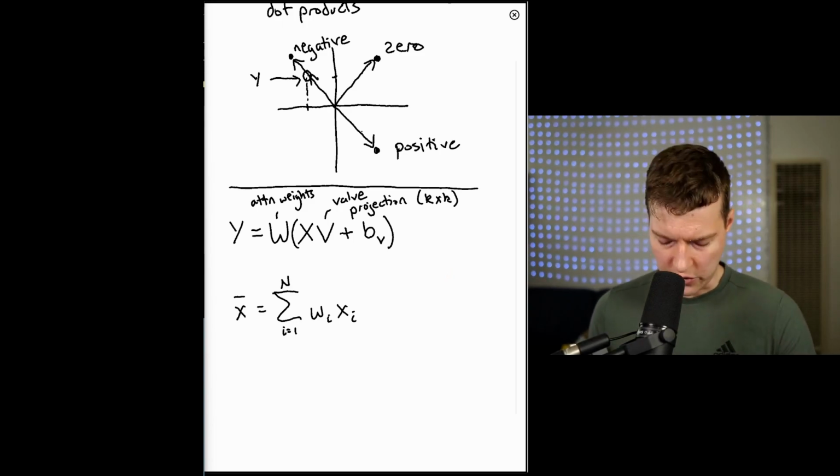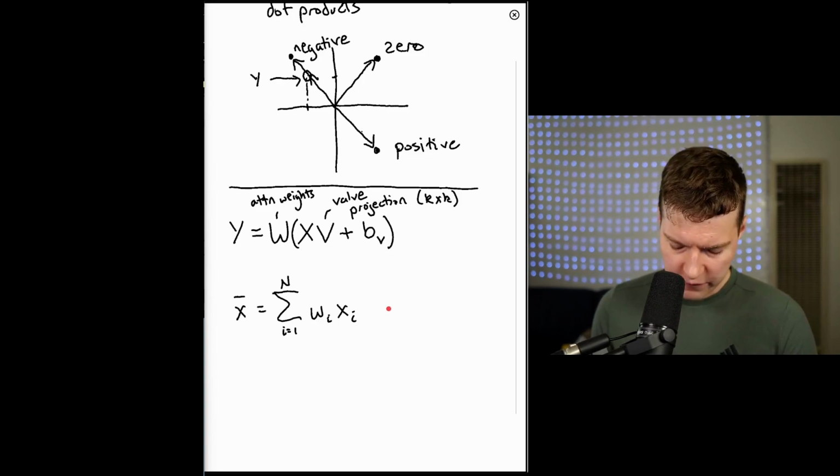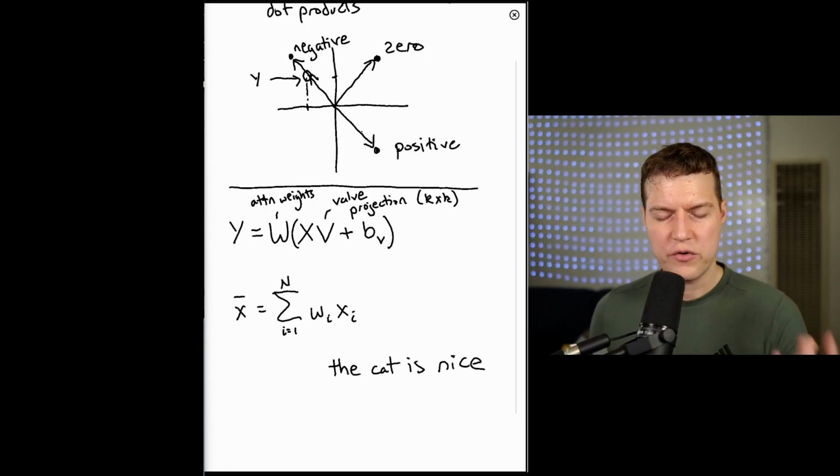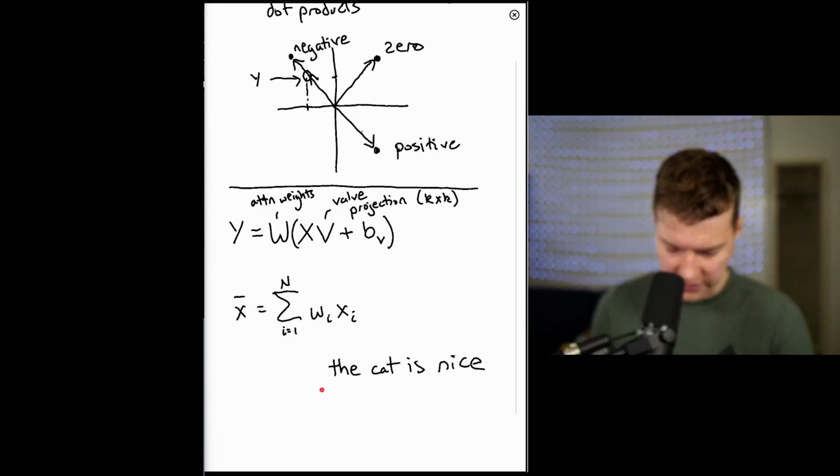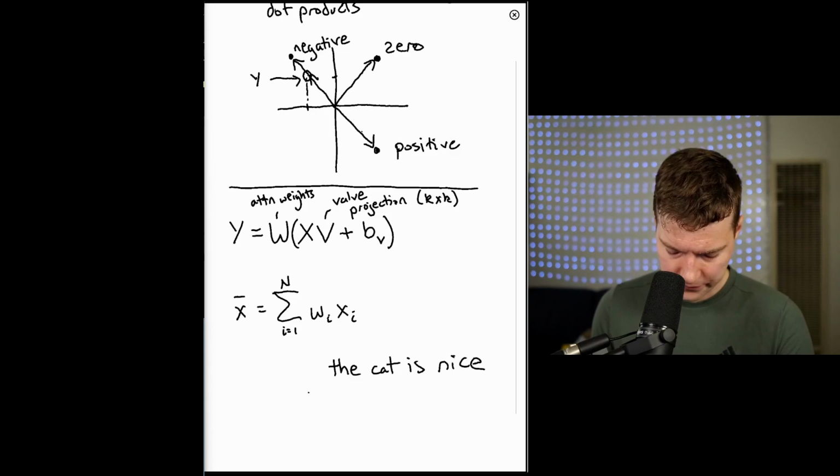If we have some words like "the cat is nice" as our tokens, we can put different weights on each token. And remember, each of these tokens is a vector of numbers, so maybe this is 0, 0.3, 1.7, and so on.